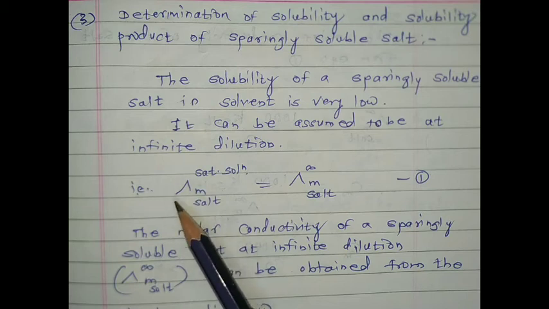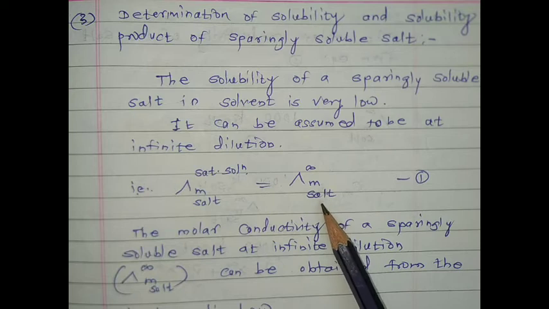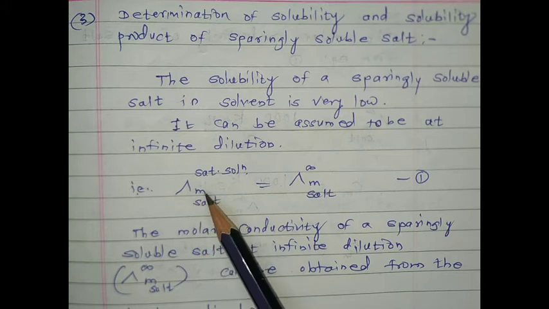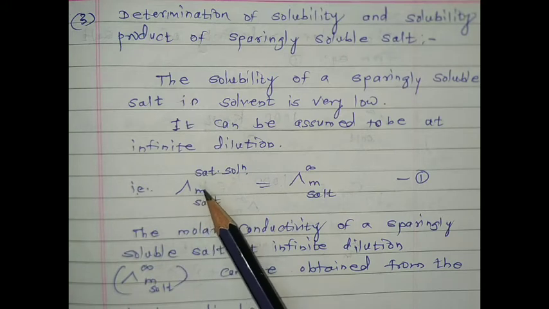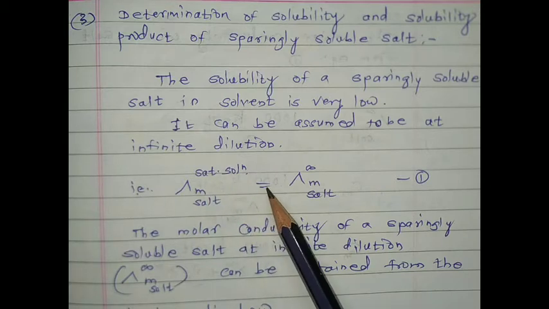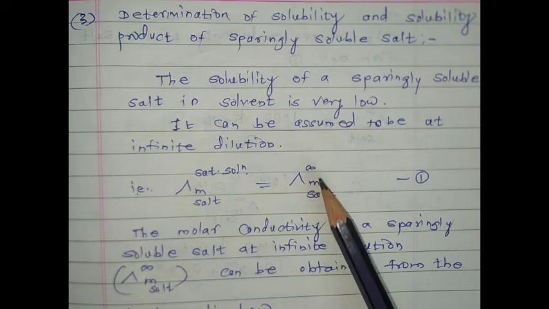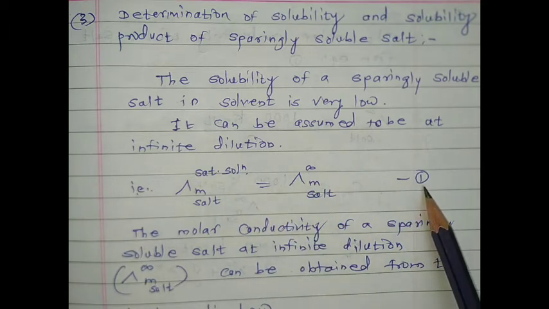Say, lambda m of the salt in a saturated solution equals lambda m of the salt at infinite dilution, that is, the molar conductance of the saturated solution is equal to the molar conductance of the salt at infinite dilution. So these are equal. This is equation number 1.